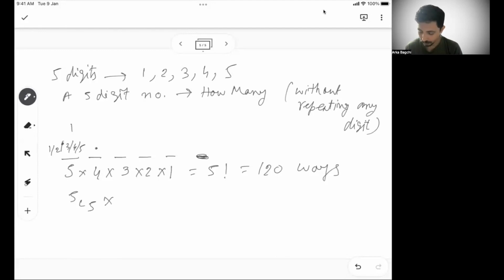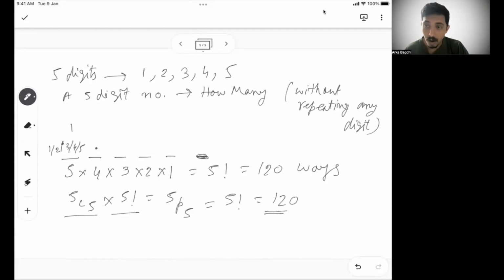It will be factorial r, which is the same as 5P5, the same as 5 factorial, or 120. So this is nothing but your nCr, choosing 5 digits out of 5 and then arranging them internally gives you 5P5 or 5 factorial, which is 120. So this is the understanding on how to choose.